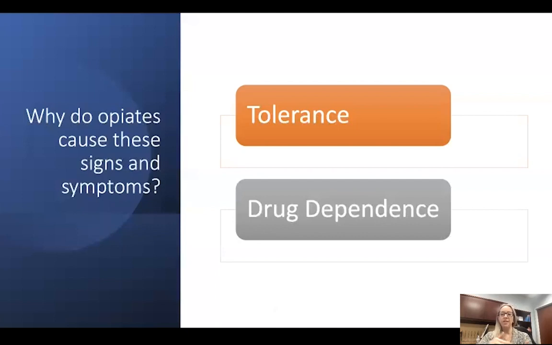So tolerance is, again, the state of adaptation where you have basically the receptors. When you flood your opioid receptors, they actually downregulate. Your body's pretty smart. It's like, hey, there's a lot of that out there. We're going to downregulate these receptors. So it does actually take more opioids to get the same effect because there are fewer receptors now.